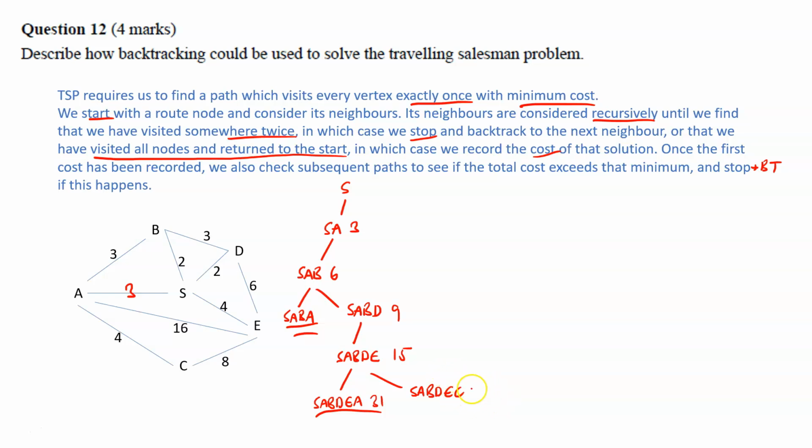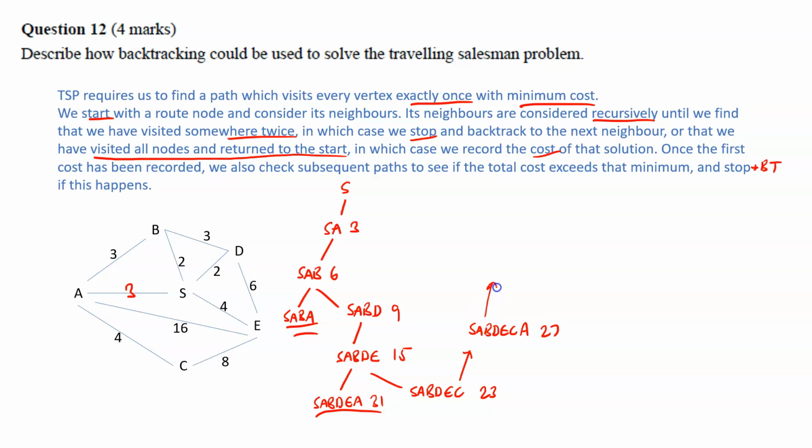So 15 plus 8 is 23. From C we can only go to A. It's always difficult to know how these trees are going to turn out, isn't it? We'll go this way. SABDECA. So that gives us 27.